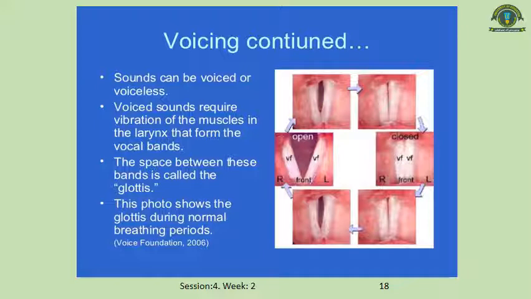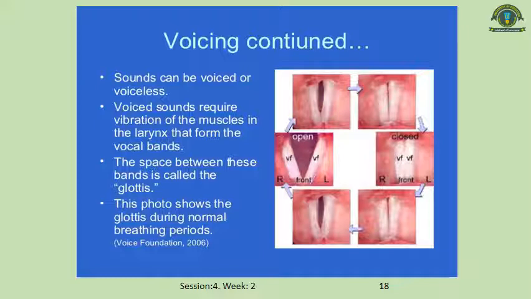Now you can see the picture on the right. Starting from the middle, you can see how they are working, how they are changing their position. In recordings, sometimes they are absolutely closed. In the middle 2 pictures, you can see either absolutely closed or fully open.